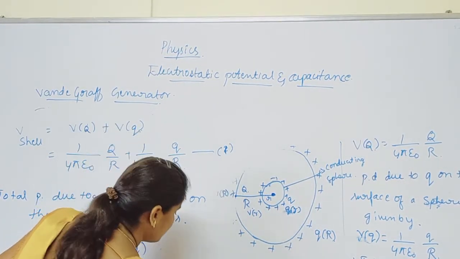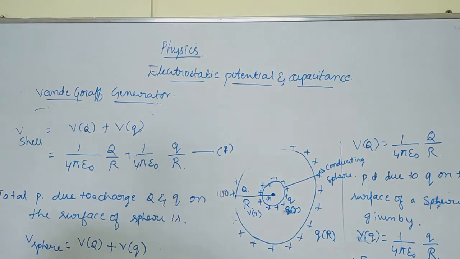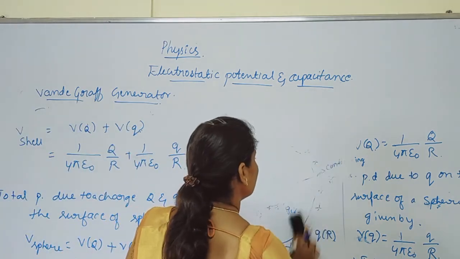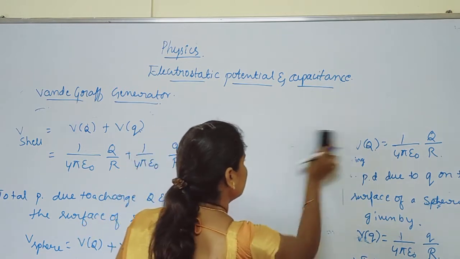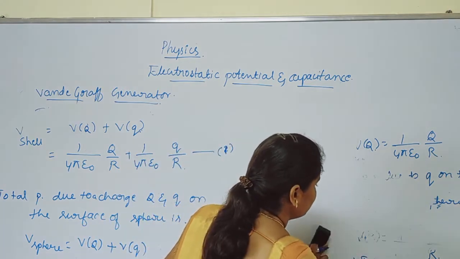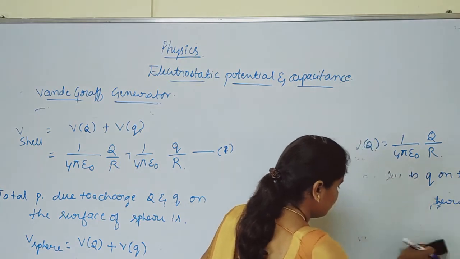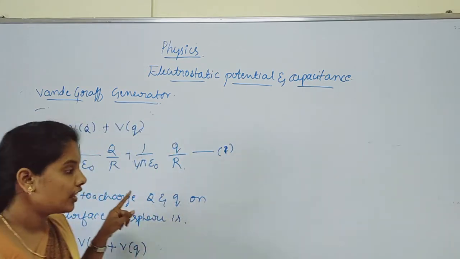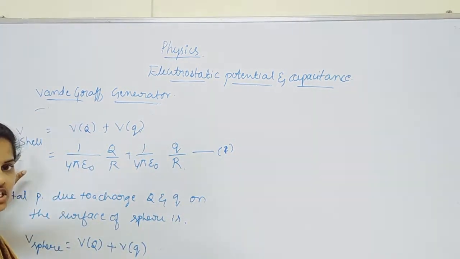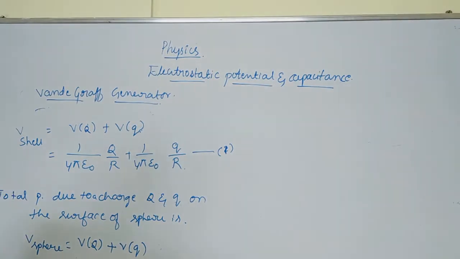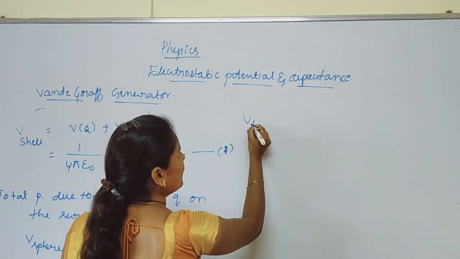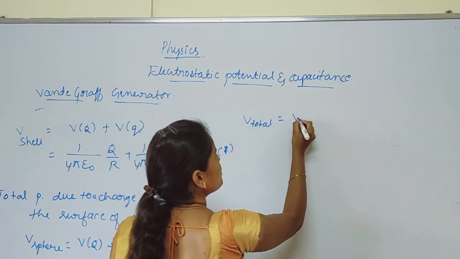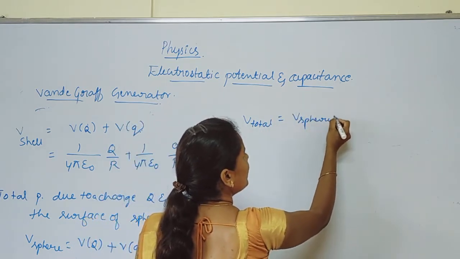This is question number 2. So therefore the total potential on the sphere and the shell is given by the final equation: V total equals V sphere minus V shell.